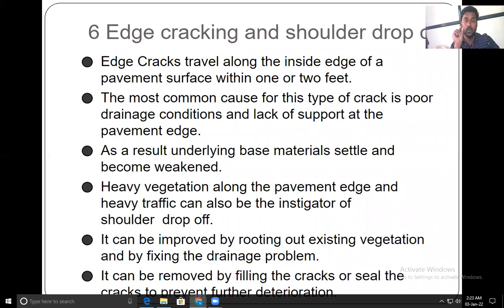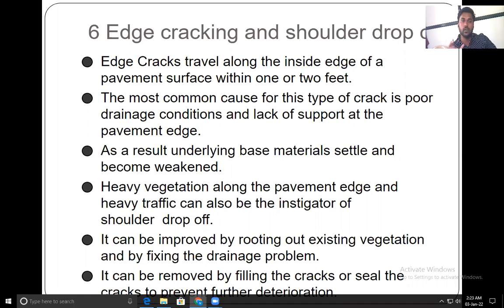But if the crack is produced at the edges, ultimately what will happen? By the repetitive travel of the load over those cracks, the shoulder will get dropped. That means that much area will break down. So it is called a shoulder drop off.